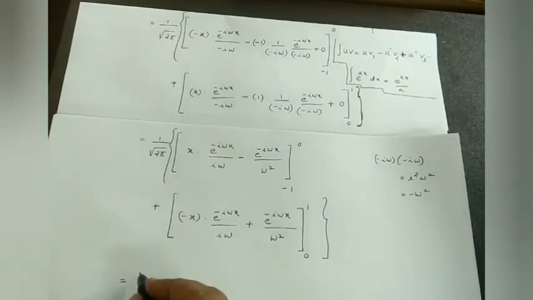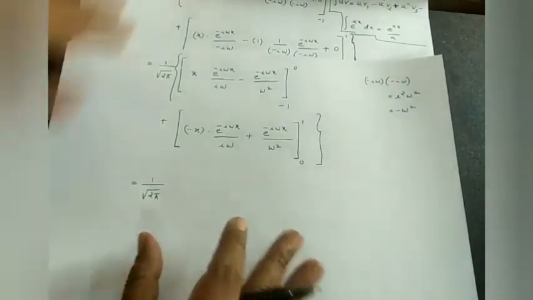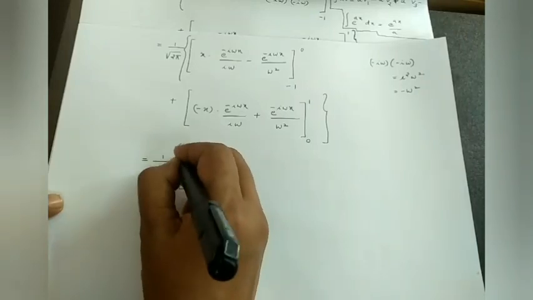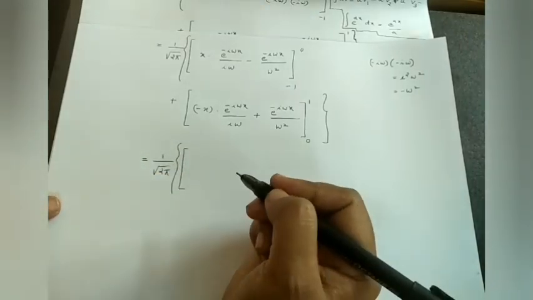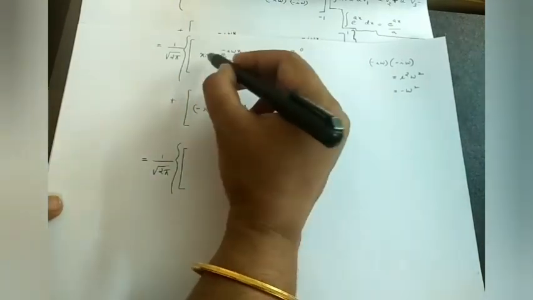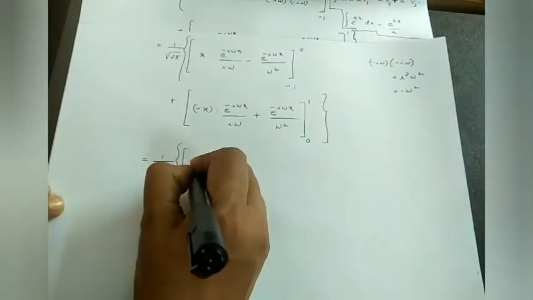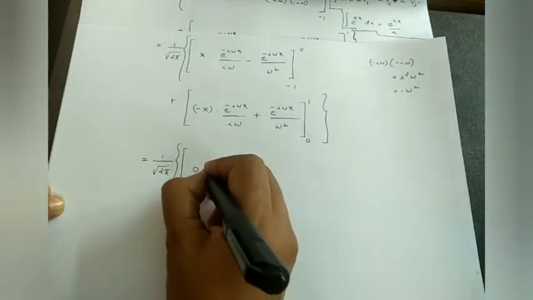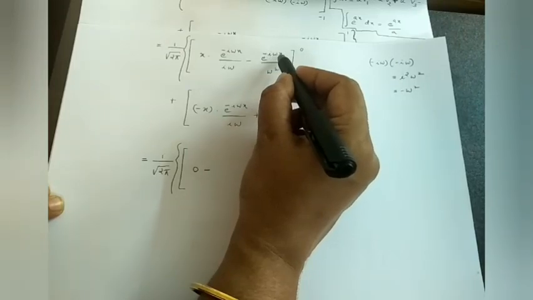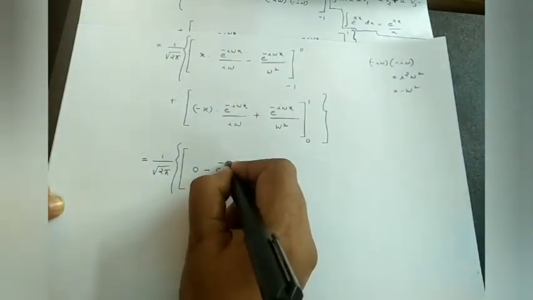Now apply the limits. That is 1 by root 2 pi into, applying the upper limit, we get x equal to 0. So the first term becomes equal to 0. For the second term we have minus e raised to minus I omega into 0, that is e raised to minus 0 by omega square.